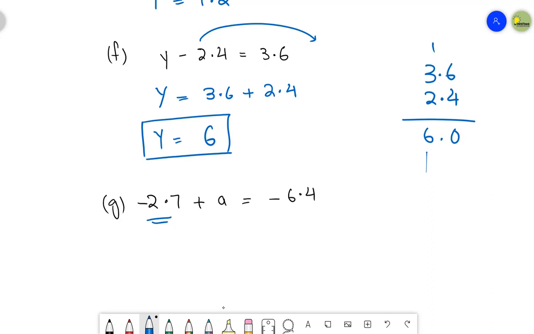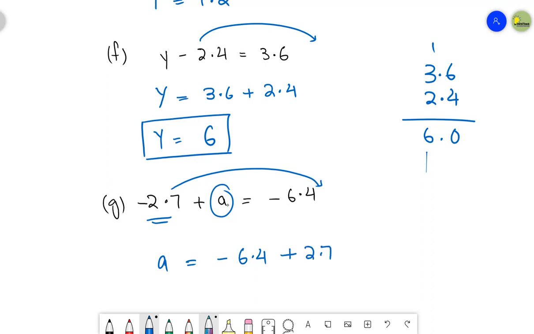What you need to do is shift it to the other side so that you can have the value of A. So A will be written as it is. Just shift minus 2.7 to the other side and it becomes plus. Minus 6.4 will be written as it is, and you will write plus 2.7.